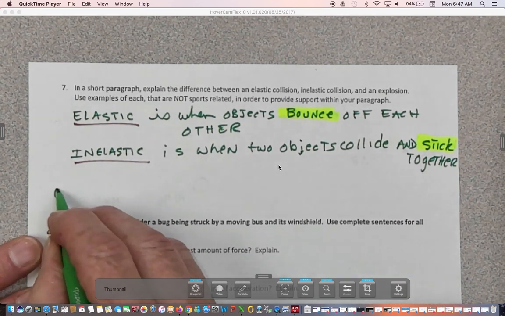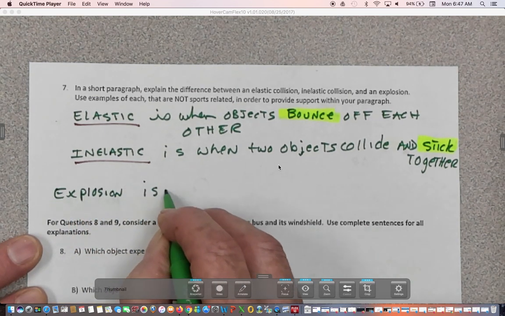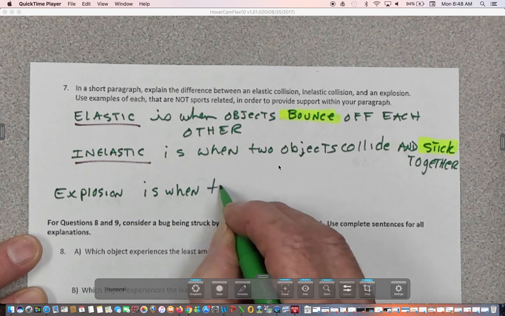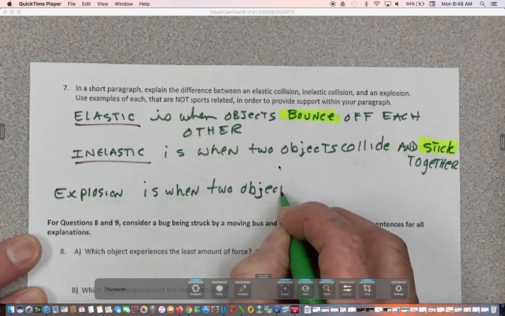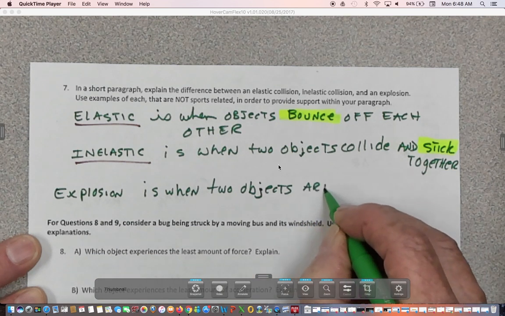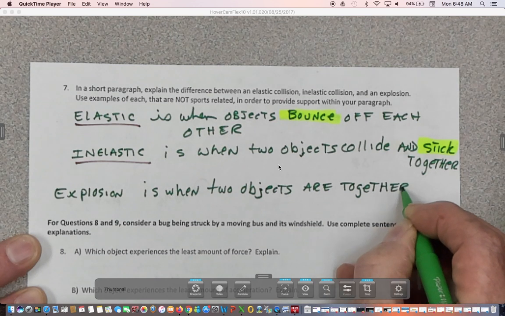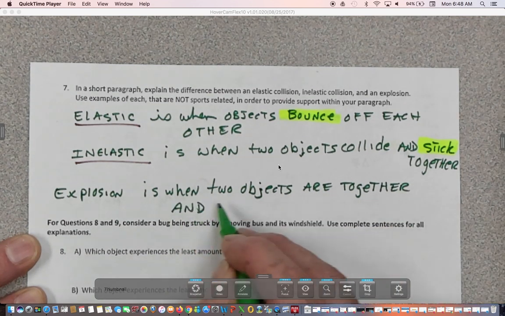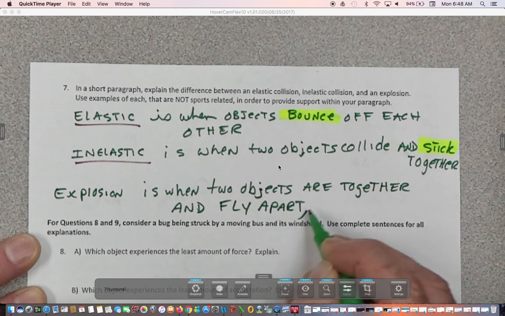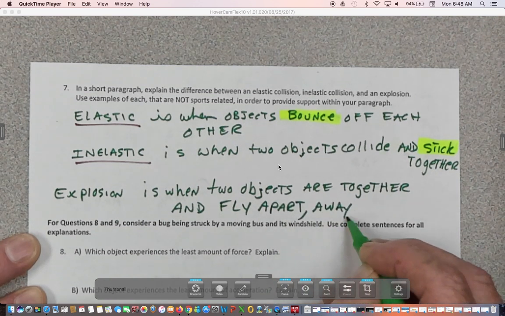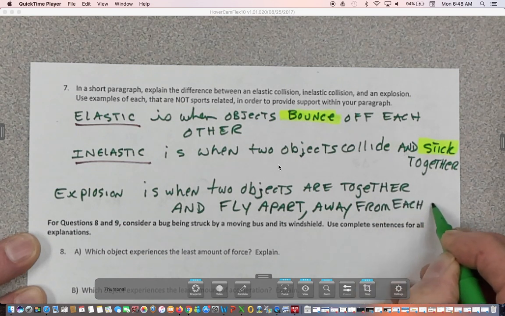An explosion is when two objects are together and fly apart, away from each other.